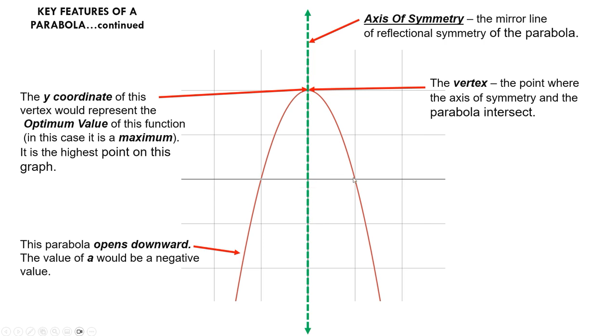Any point on one side of the parabola, or one arm of the parabola, is reflected equally on the other side of the axis of symmetry. So this is like a mirror image over the axis of symmetry to this part.